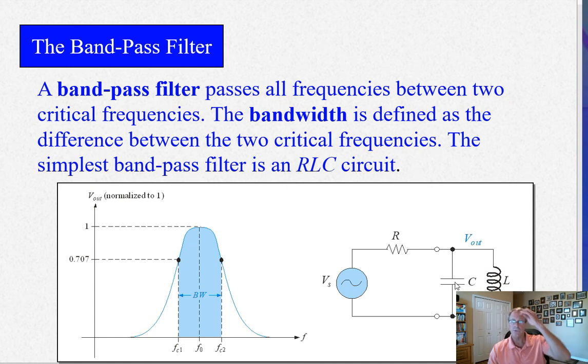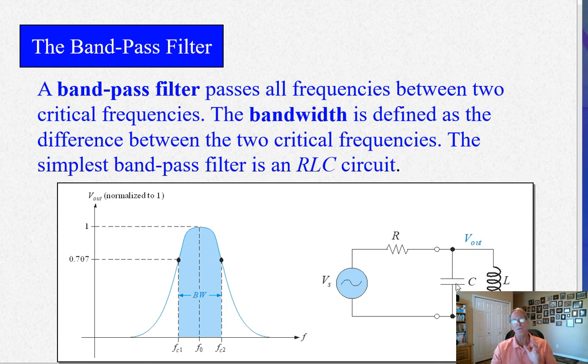But what happens to the capacitor at high frequency? It shorts out, right? So over here at high frequency, the capacitor is coming into play and shorting out your signal. Whereas at low frequency, the inductor comes into play and shorts out your signal. But at one magical spot, they're both equal in inductive reactance and capacitive reactance.